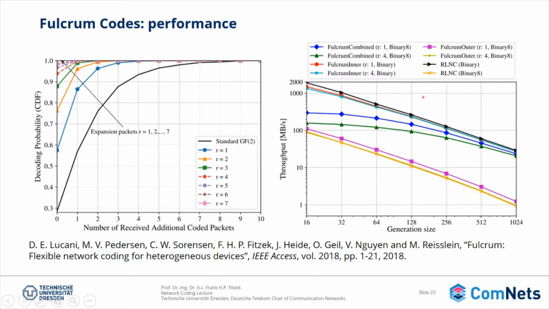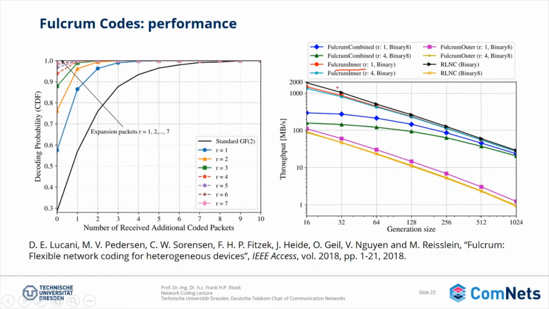Here is the performance of Fulcrum codes, that maybe you already saw in the previous lecture. I'd like to show you again the trade-off between decoding probability and computational complexity, or decoding throughput here. As you see in the figure on the right, the decoding throughput of binary finite field, such as RLNC GF2, and the Fulcrum inner decoder is very good.